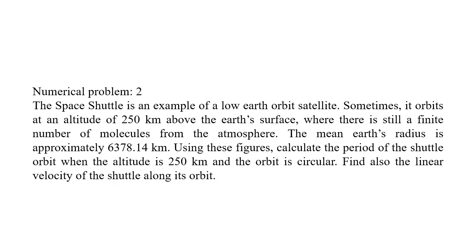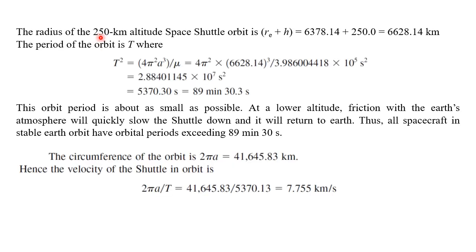So let us try to solve this problem. First of all, we have to calculate the radius of the orbit. Height is given as 250 km and the average radius of Earth is this one.